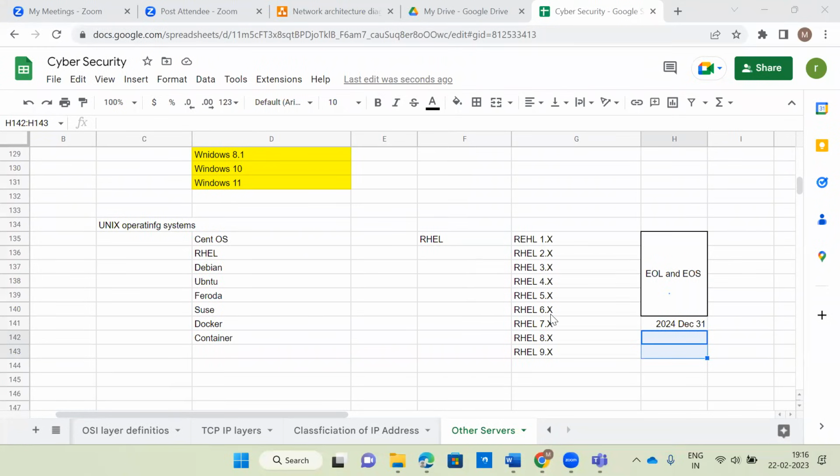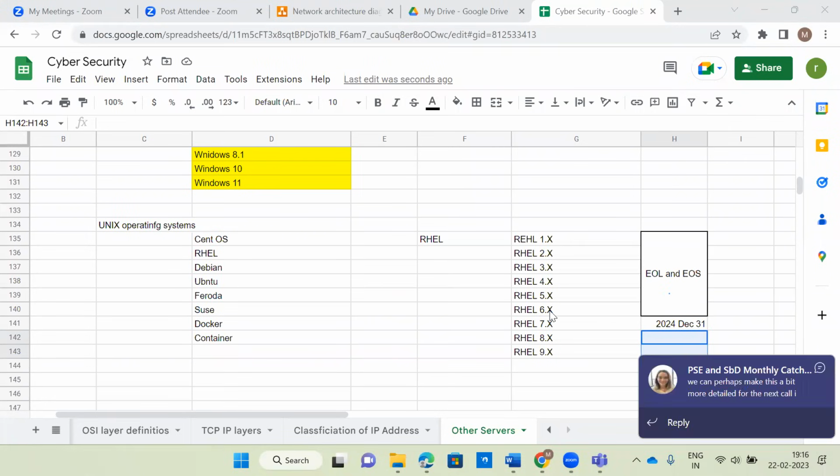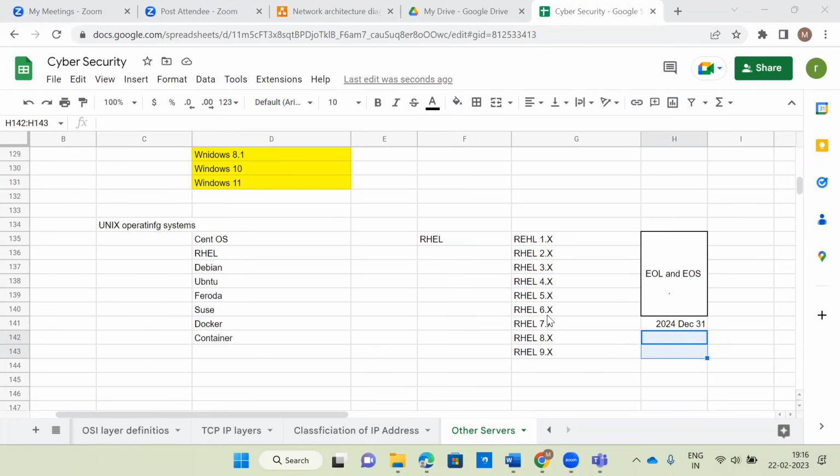I will give one practical example. In my previous organization, and in my current organization also, we are using 6.x and 5.x. There are many microservice-based applications running on RHEL 6.x and 5.x.